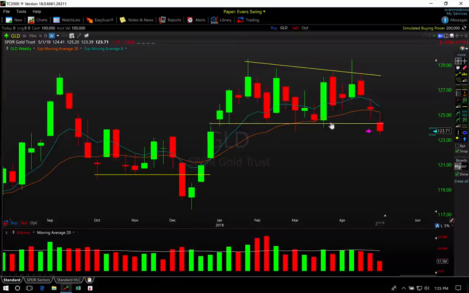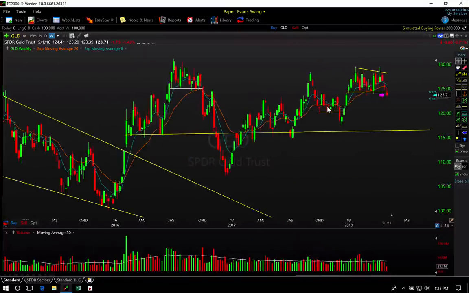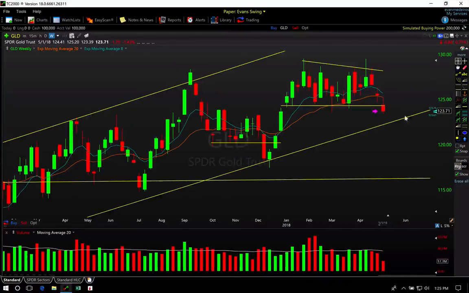Holding this lower end is going to be the ideal situation for the gold bulls. If we continue to roll over here, then we have a nice topping pattern, and perhaps a retest of this trend line down here, which isn't that far below price, but perhaps this is a larger channel, and if we start breaking down from there, then we certainly have bigger problems on our hands.